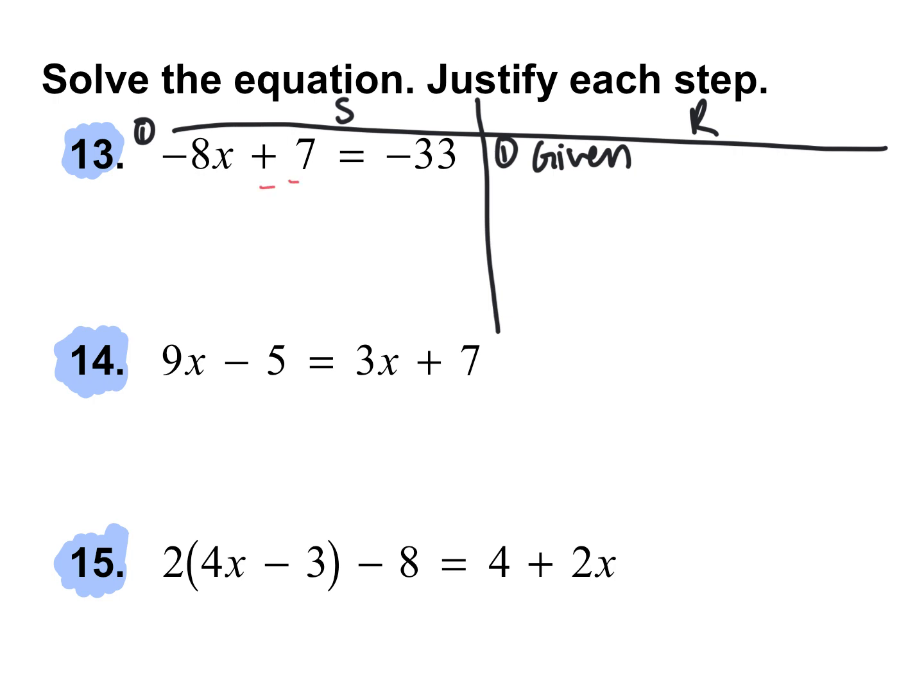Thank you. Subtract 7 on both sides. So now I'm going to get negative 8x equals negative 40. And what should I do to both sides? Divide by negative 8. And what would I get for x? X equals 5. Let me go ahead and do my reasons.